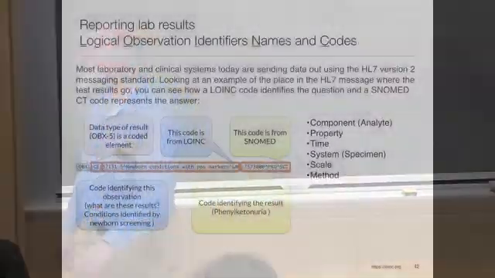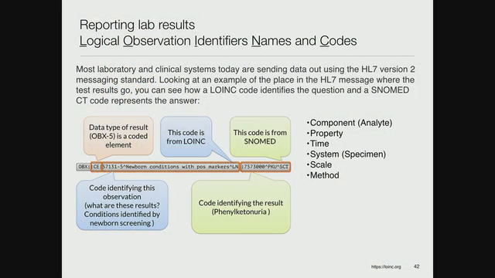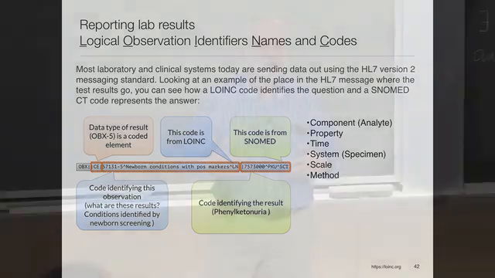And so this is the standard way. If you send off your blood sample to a lab, they send back a string like this to the hospital or to your doctor's office that says, it's coded in this OBX coding system, and here is the LOINC code, and this is the SNOMED interpretation, and so this string is the way that your hospital's EHR or your doctor's office system figures out what the result of the test was.